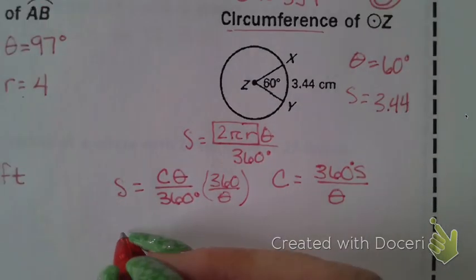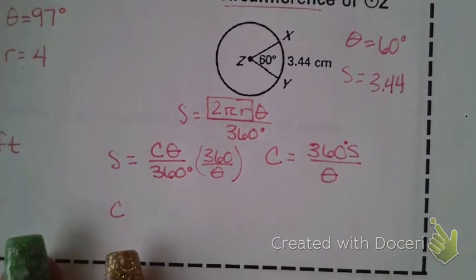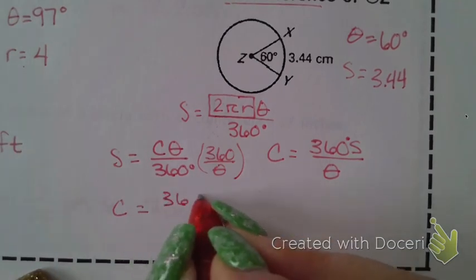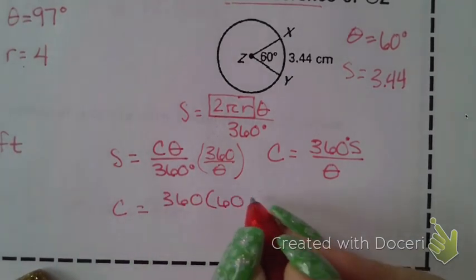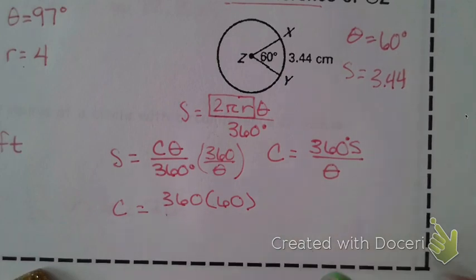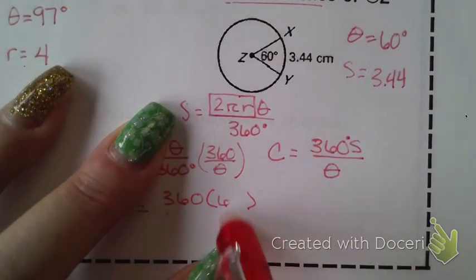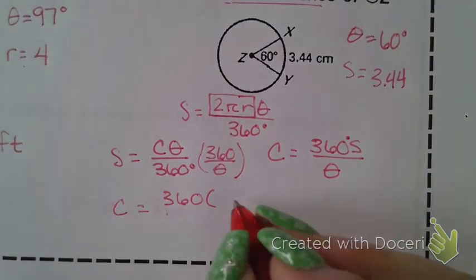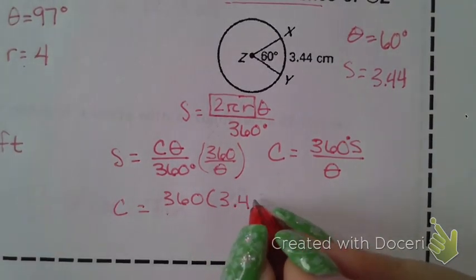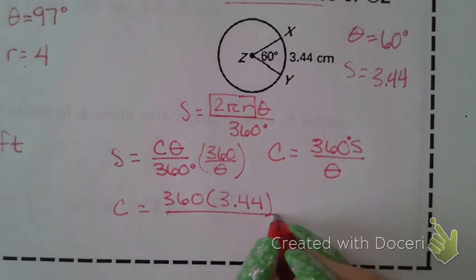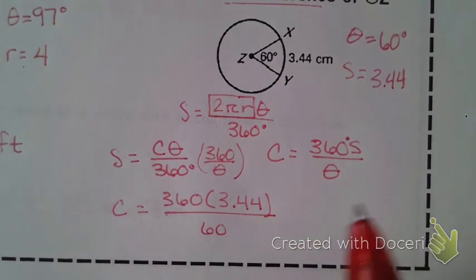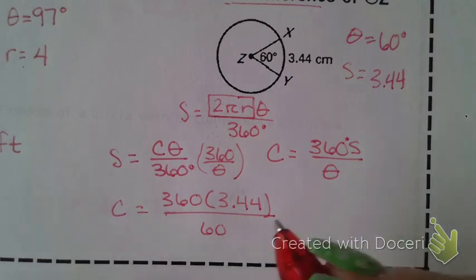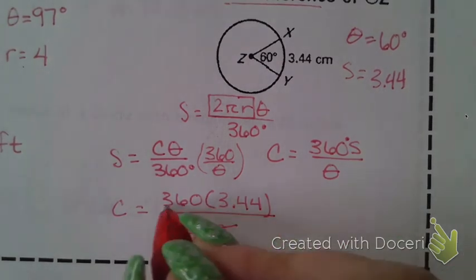So C equals 360 times, no, S. What's S? 3.44. 344, right? Sorry, putting the wrong things in the wrong places. Over 60. Does 60 go into 360? Yes. 6 times.